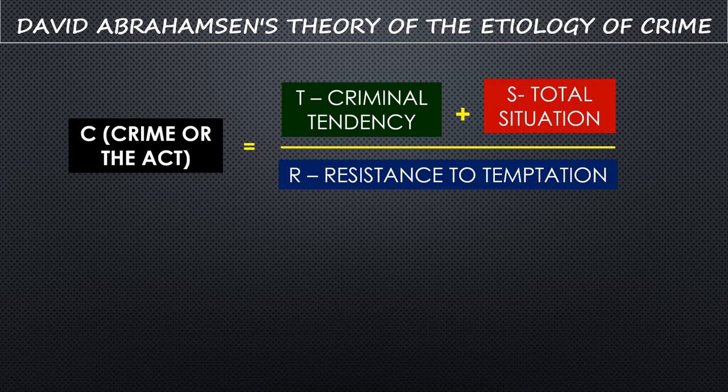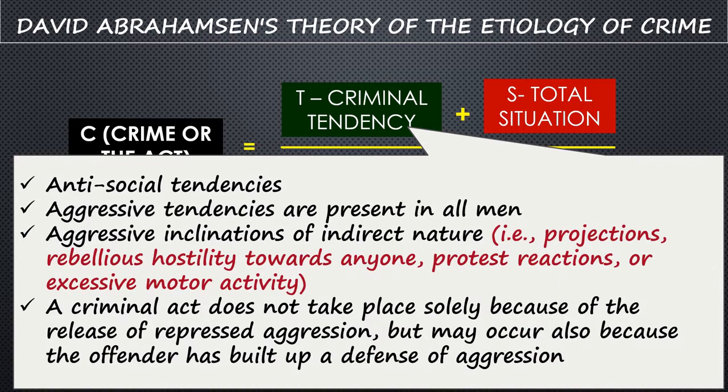According to David Abrahamsen, all of us have that antisocial tendency, meaning we have the tendency to go against the norms of society, to commit deviancy or delinquency. These are aggressive tendencies that are present in all men. So there is no excuse. Whether you are a man or a woman, a child or an adult, you have the tendency to be aggressive.